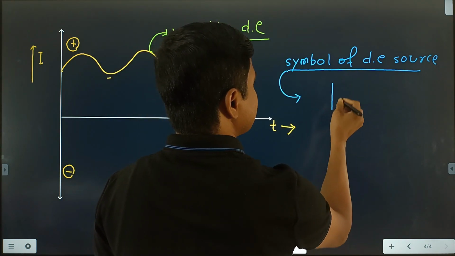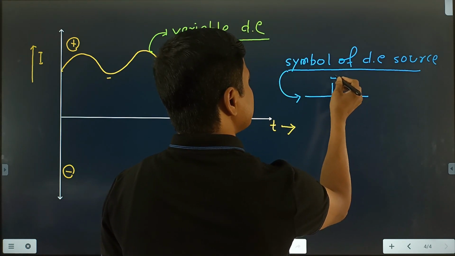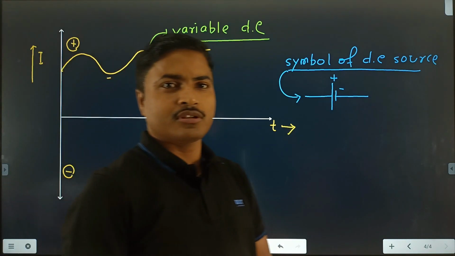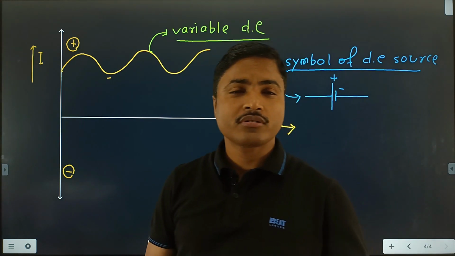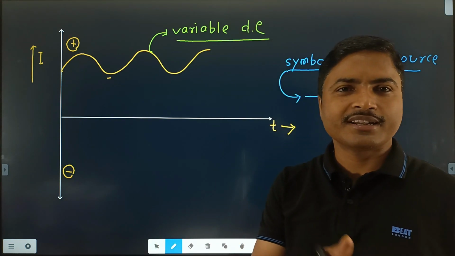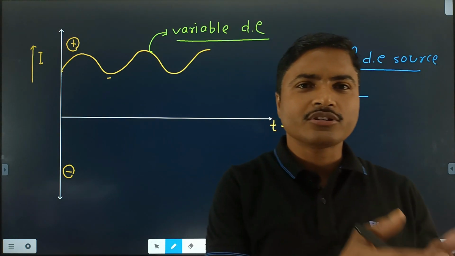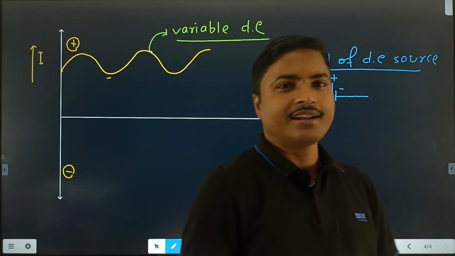This is the symbol of a DC source. One side is positive and another side is negative. We get direct current from your mobile battery. Mobile battery gives us direct current, and your laptop battery also gives us direct current. Solar cell also gives us direct current.